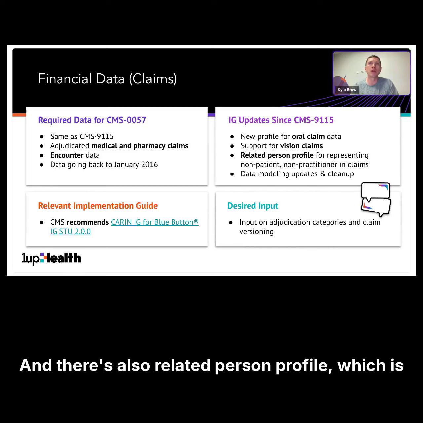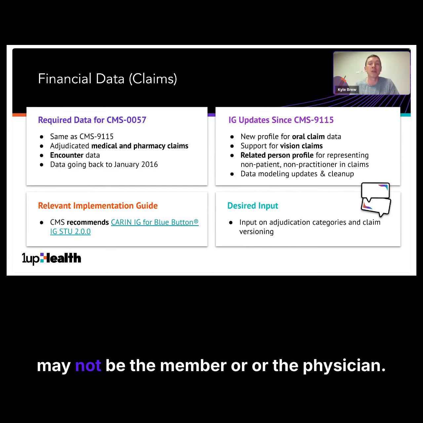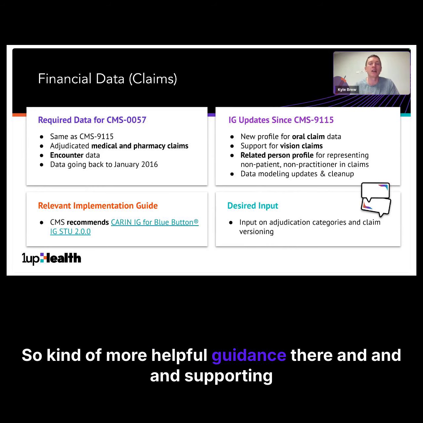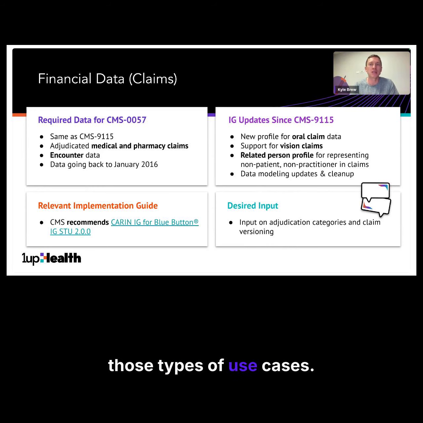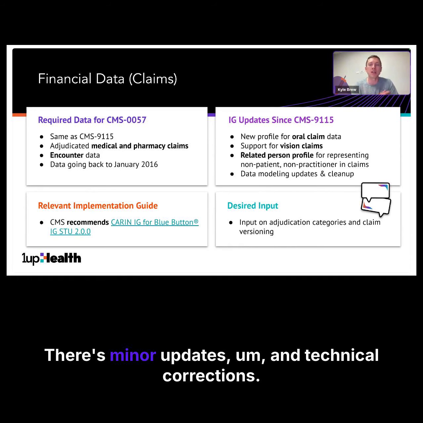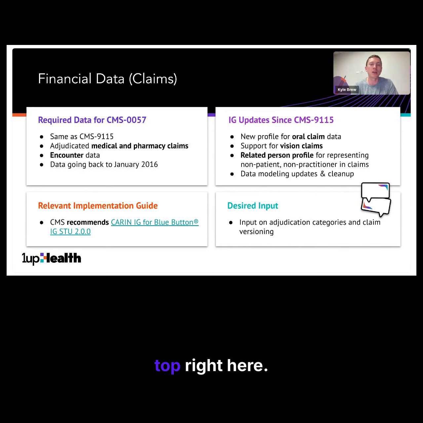There's also a related person profile, which is for when there are other parties involved in a claim that may not be the member or the physician. So that's more helpful guidance supporting those types of use cases. And then like all IGs, they generally get cleaned up, with minor updates and technical corrections, so that happens as well. But the meat of it is those first three on the top right here.